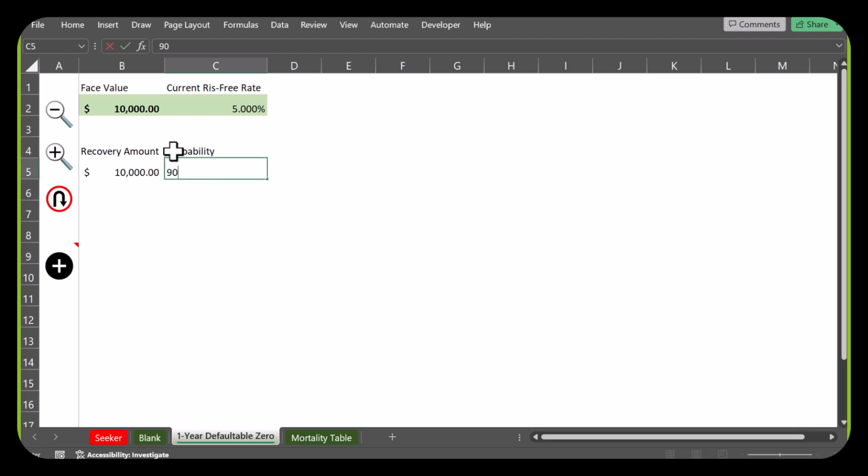With 90% probability, these guys are not gonna default.